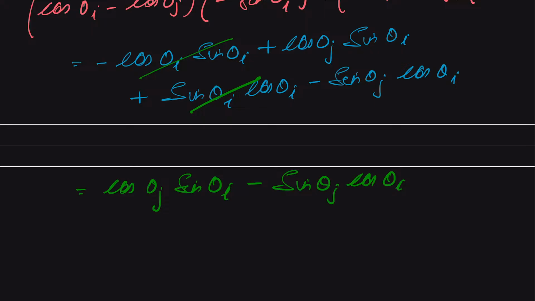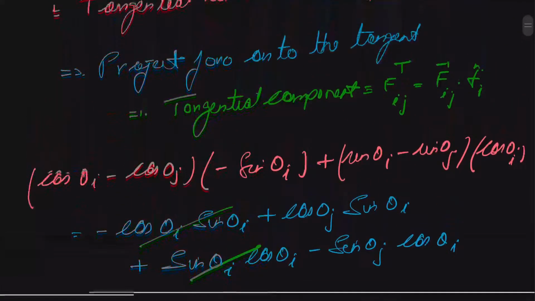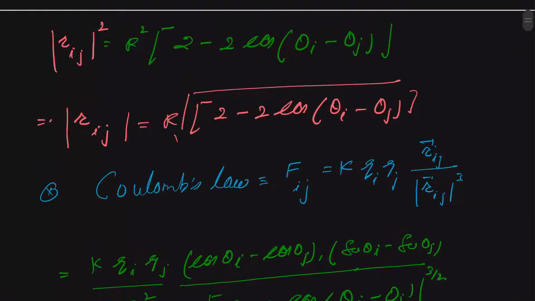And this is nothing but sine A cos B minus cos A sine B, which is sine of A minus B. Therefore, we get this as sine of theta i minus theta j. And we can easily put this into the tangential part.